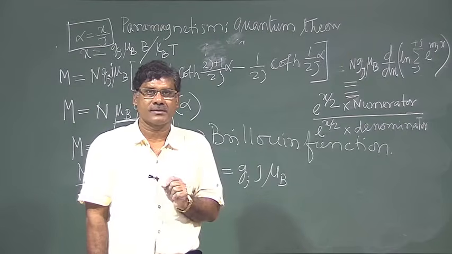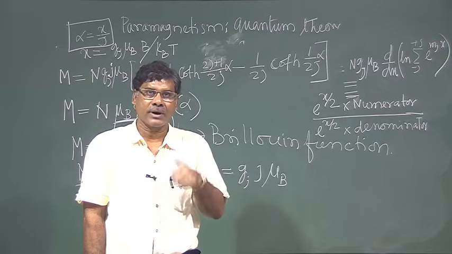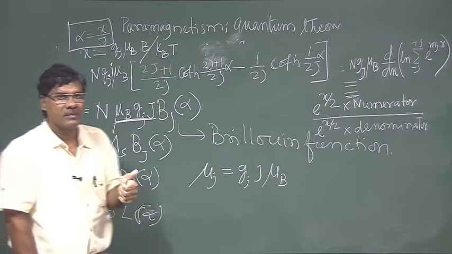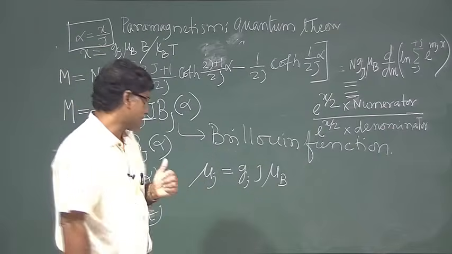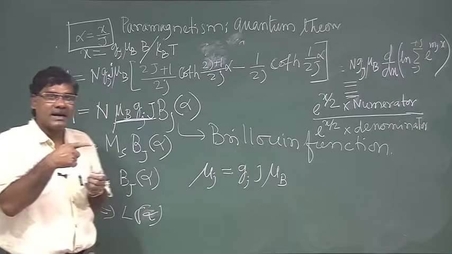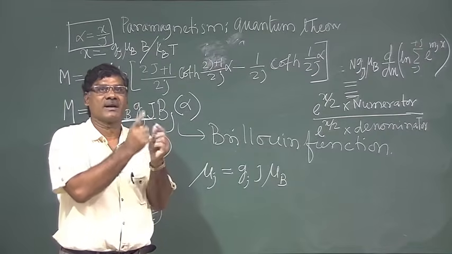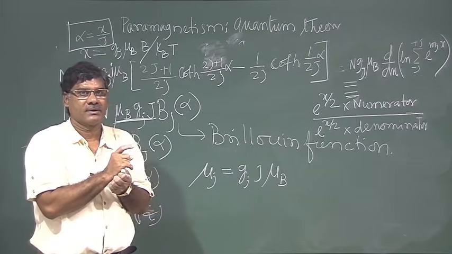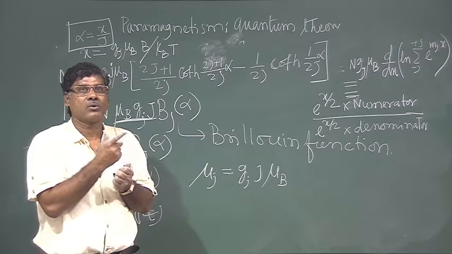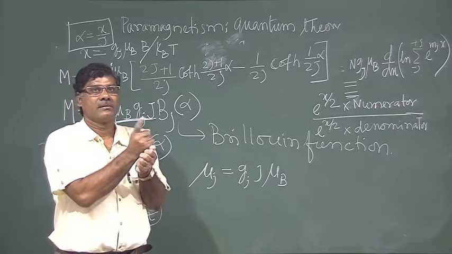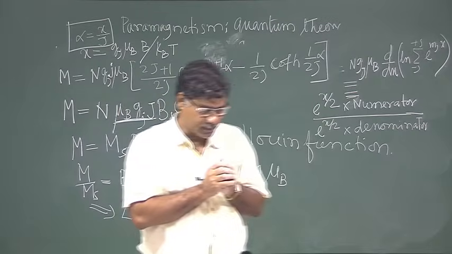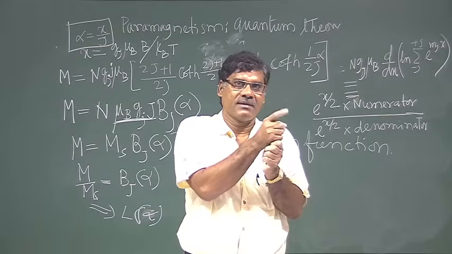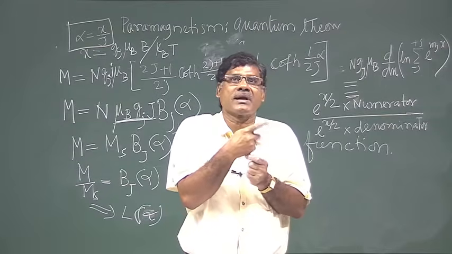There is a constraint: it can rotate only with 2j plus 1 values, this quantized value in space. Okay. So, that is the restriction. If j equal to 2, it can rotate only in 5 directions, since 2j plus 1 is 5. J equal to 1 has only 3 orientations in space.